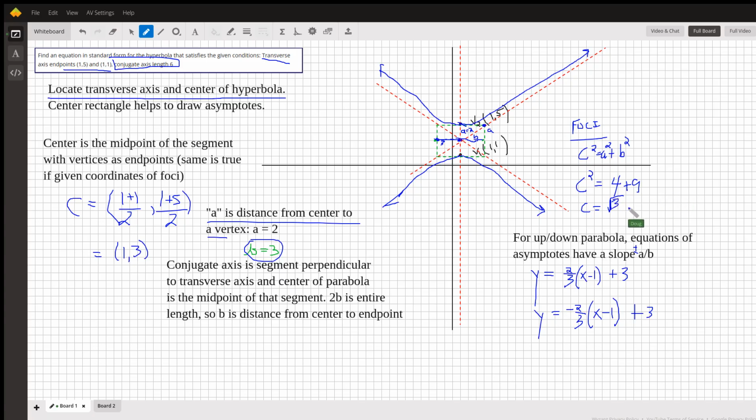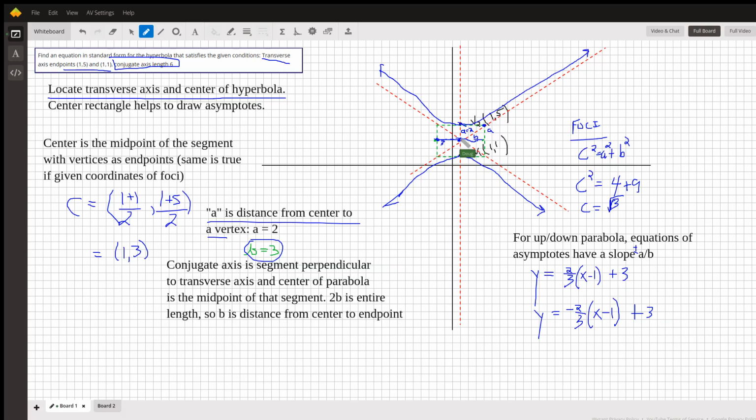And that number, square root of 13, is the distance from the center to a focus. So square root of 13 is between 3 and 4 somewhere. So 1, 2, 3, from the center to a focus is square root of 13.